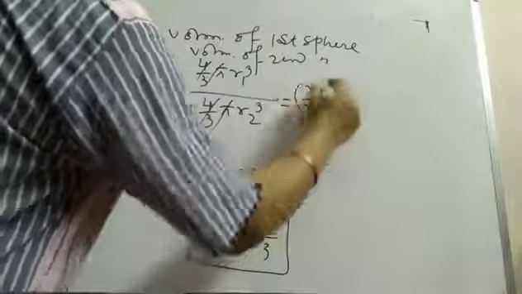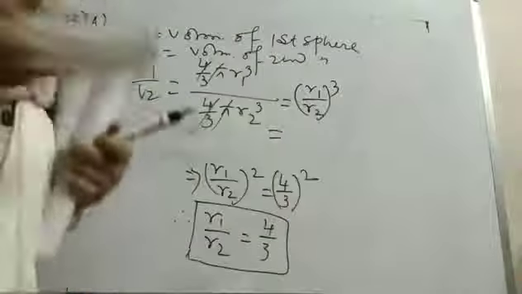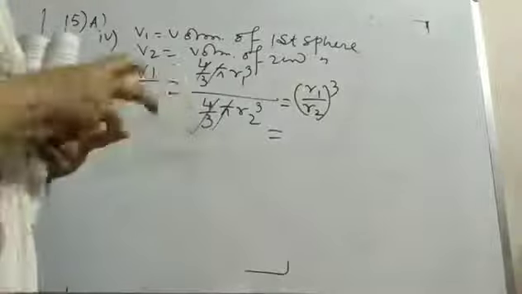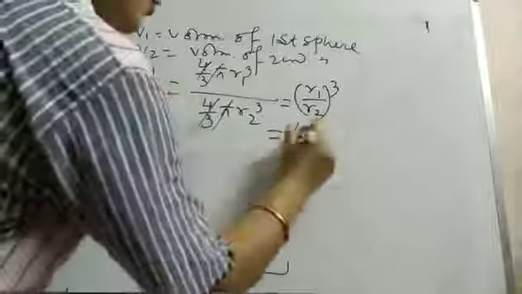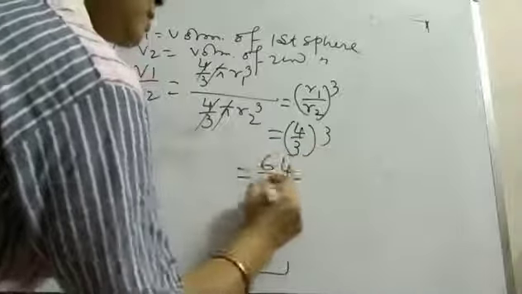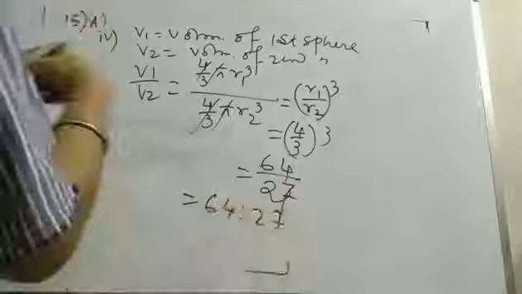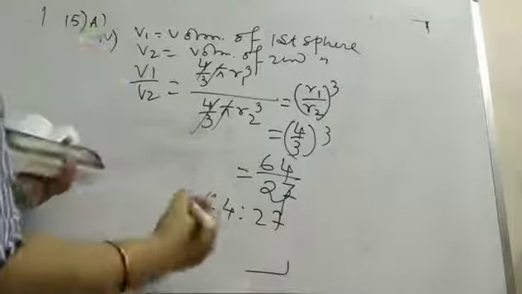R1 by R2 whole cube, this is equal to 4 by 3 whole cube, 64 by 27, that is 64:27. Answer A is correct.